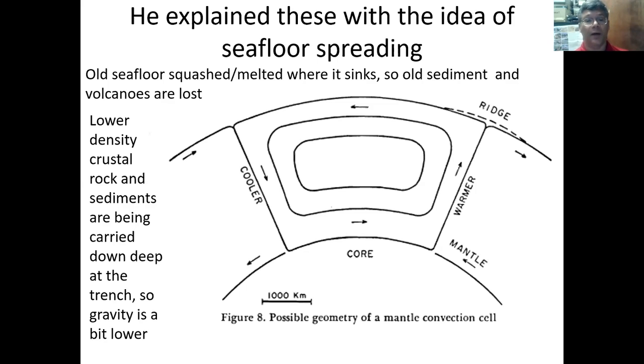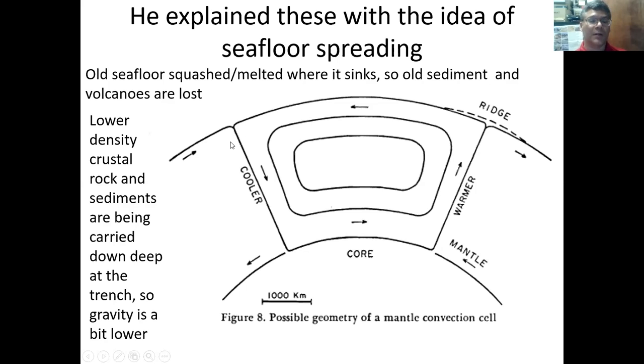Where we have the sinking down happening, say over here, the less dense rock from the surface is being carried down into the interior of the earth, at the trench.